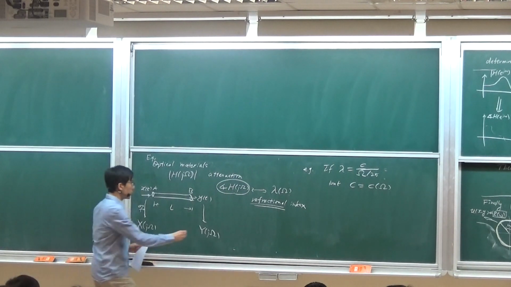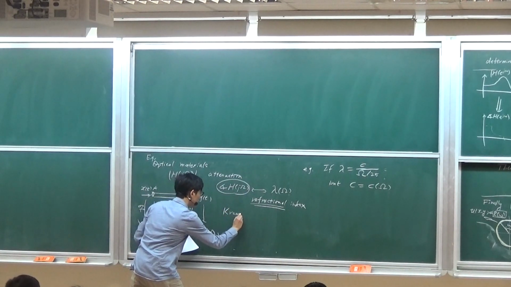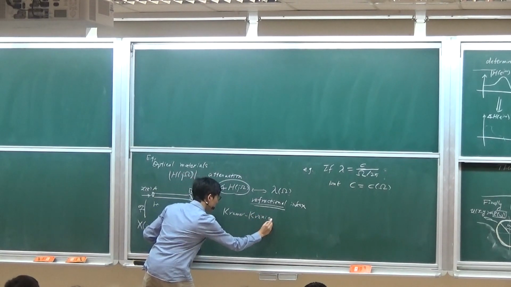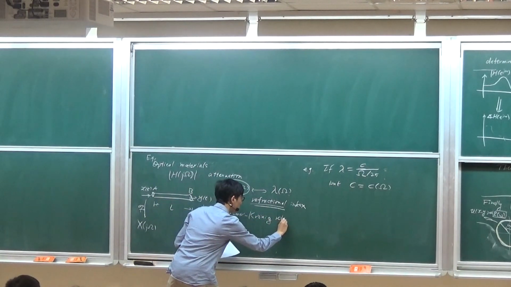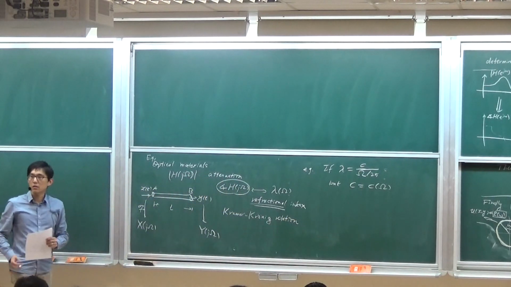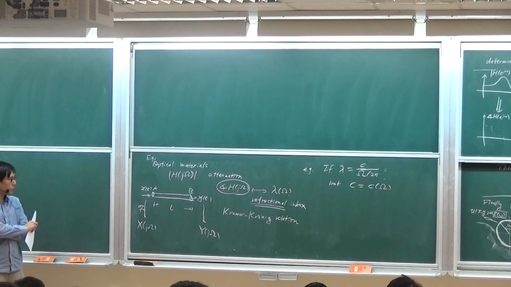In the field of optics, I'm very interested in this relation, which sometimes is called the Kramers-Kronig relation. The real part and the imaginary part of the propagation function, the wave number function.